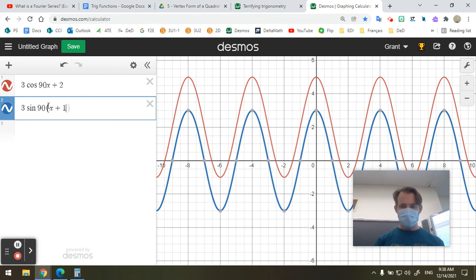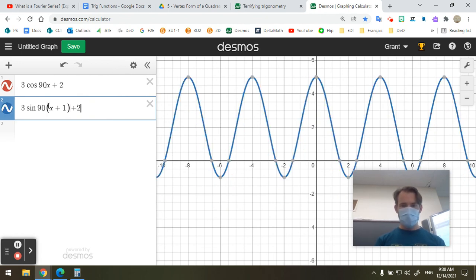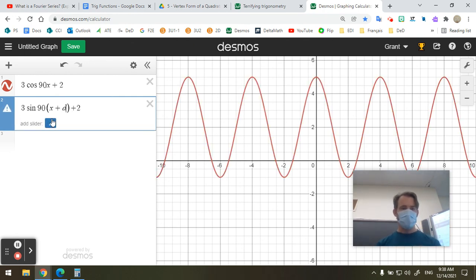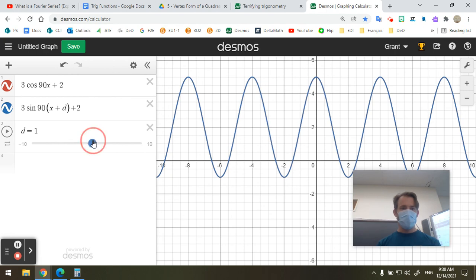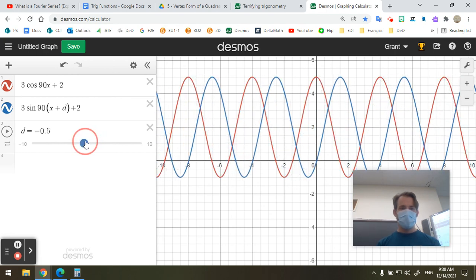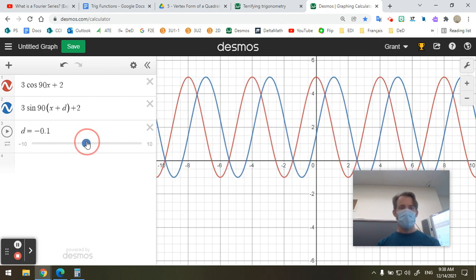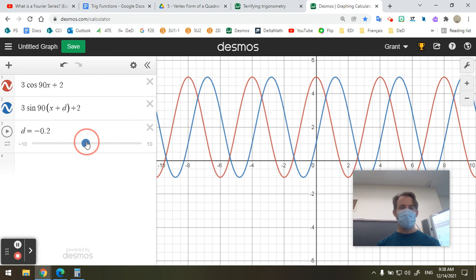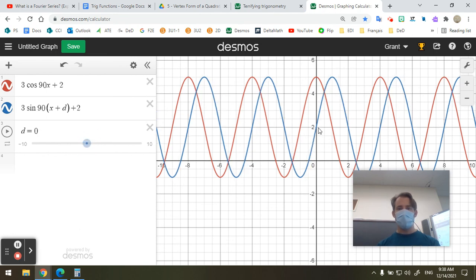This one plus 2. There it is. It's +1. So notice that if I just use a slider for D, and I'm going to add a slider, okay, and we're going to go down to 0 here. This is my sine curve without any horizontal translation. There, D is 0. And I want to take this point here and move it in the negative direction 1.